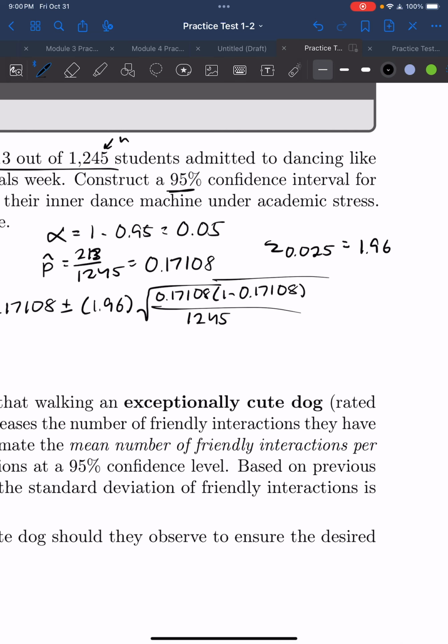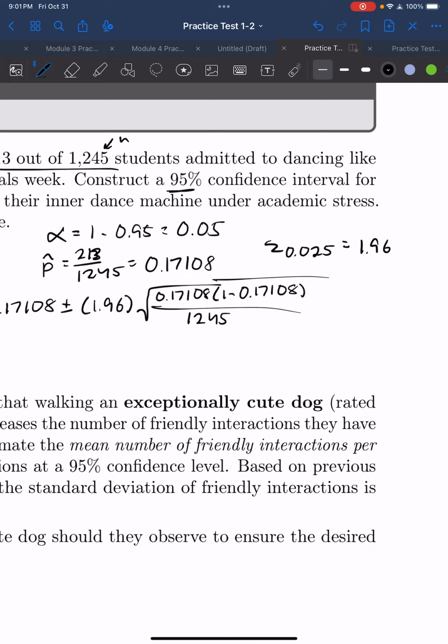And then if we solve that, times our square root of 0.17108 times 1 minus 0.17108 divided by 1,245.